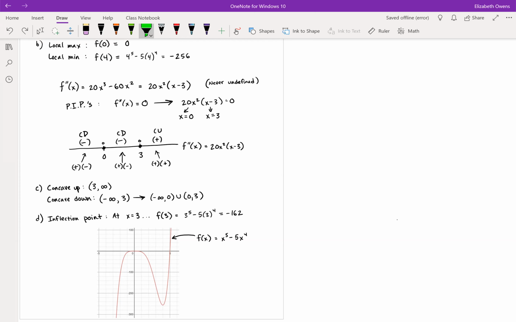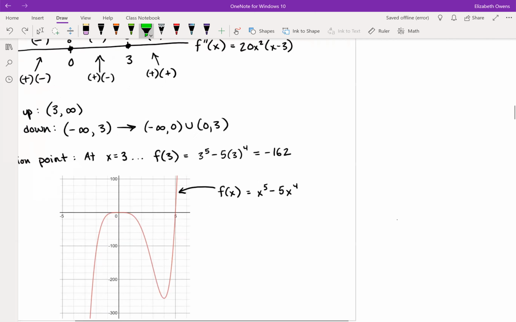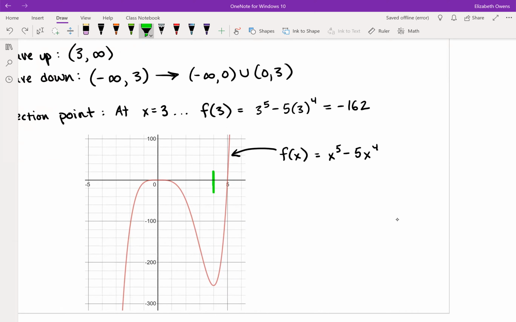And that's why I had to mess with the axes on this. So here's x equals 4, and then negative 256 is right about there, between negative 200 and negative 300. So yeah, that makes sense. We can see our local minimum right there. So everything is matching up so far.